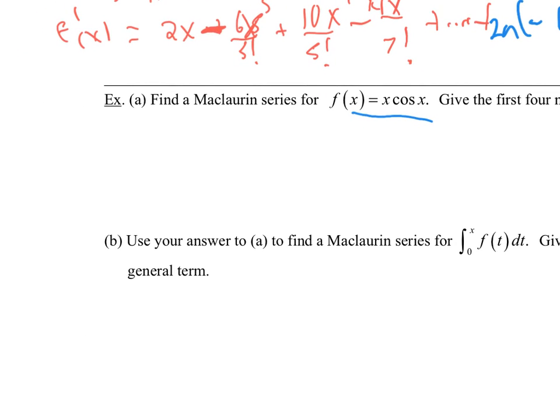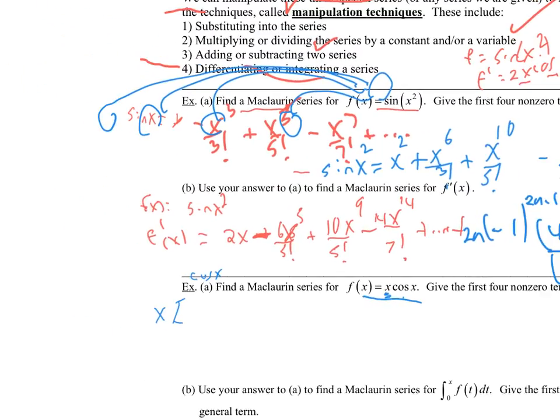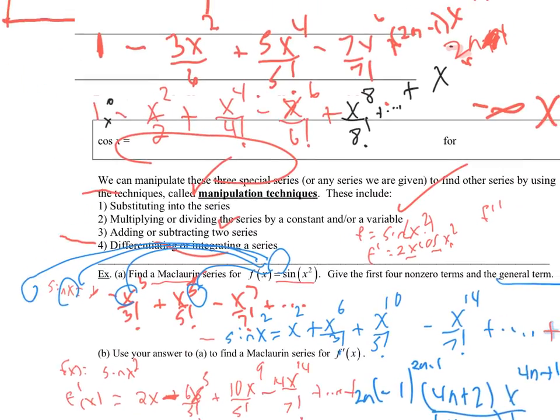So why don't we take the x and multiply it by our derivation of cosine that we did up here.